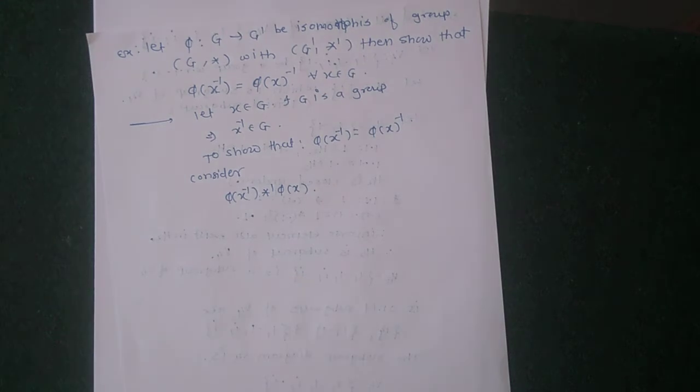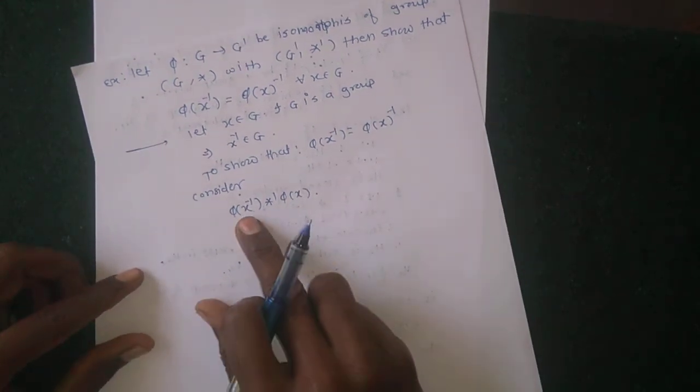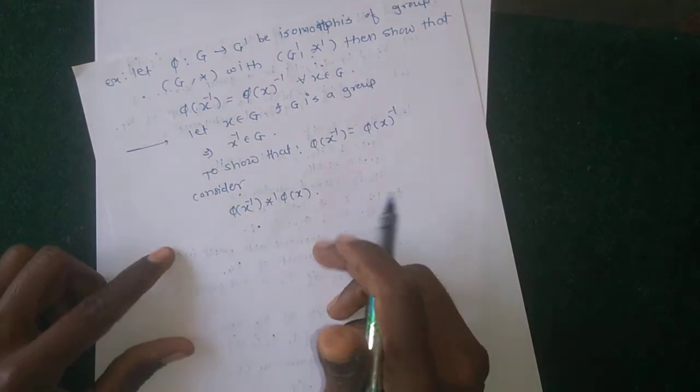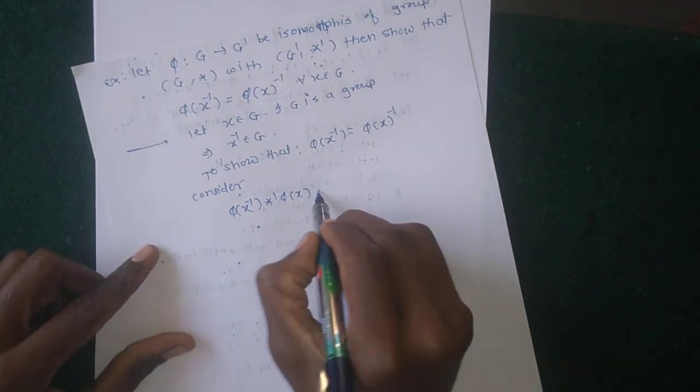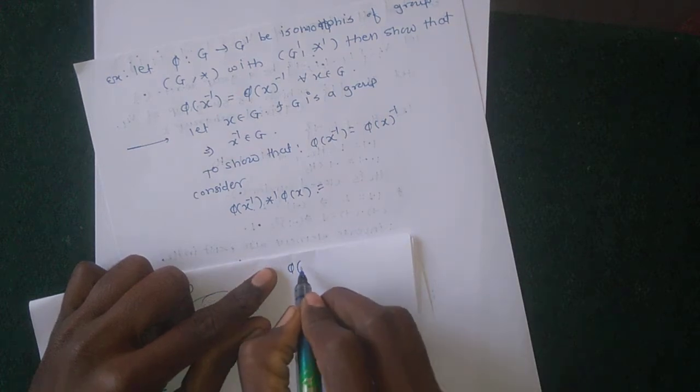Hence here the binary operation is star dash. Okay. So considering phi of x inverse star dash phi of x equal to, here one another condition is: what is the definition of an isomorphic binary structure?